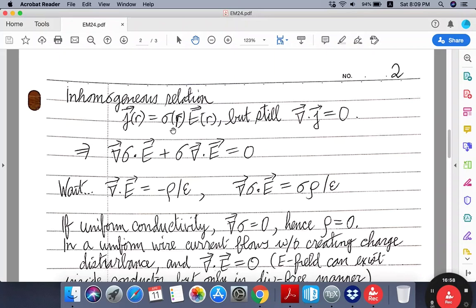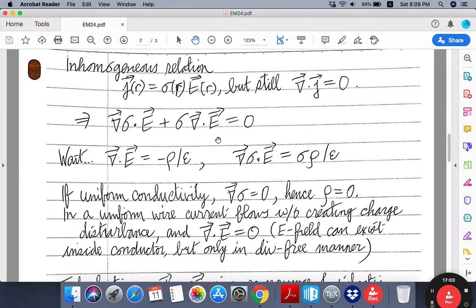Okay, but even after this relaxation of the conditions, there's no way you can relax this condition. Because this divergence of the current density equal to zero reflects a more fundamental constraint, namely, the principle of charge conservation.